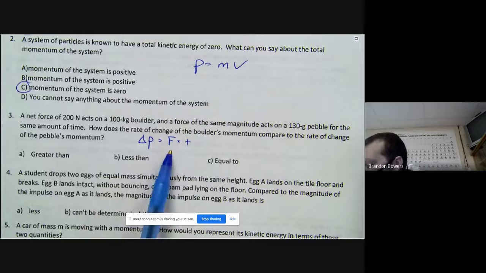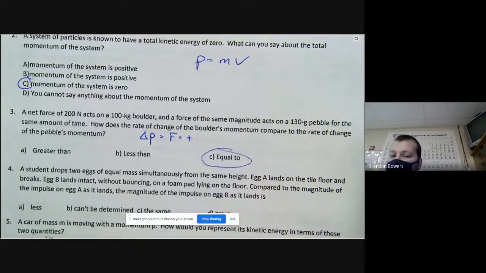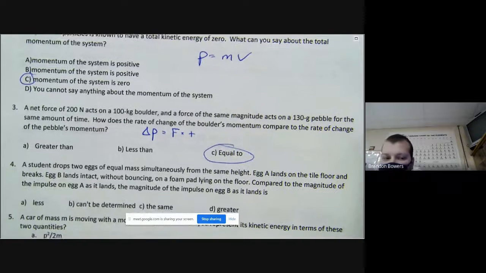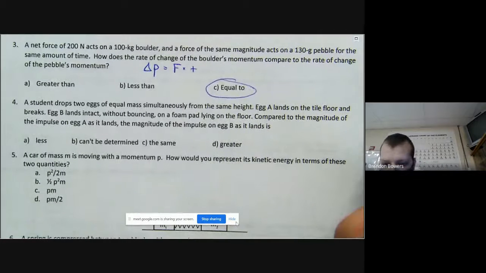So the amount of force is the same for the same amount of time. So how does it affect the rate of momentum? The momentum's the exact same. If it's the same force in the same time, the momentum's the same. Next one.